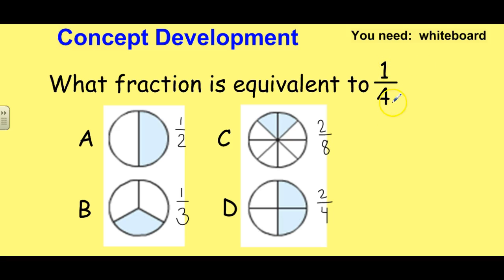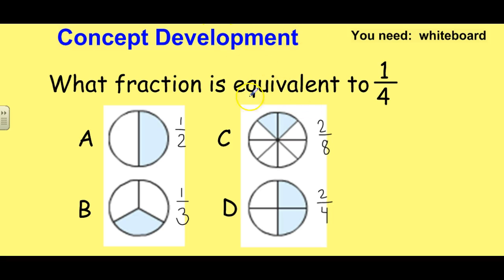You could cross multiply 1/4 with 2/8, or you could cross multiply 1/4 and 2/4 to see what it is actually equivalent to. So on your piece of paper, I either want you to draw a model to represent 1/4 and see if any of these have the same space that is shaded, or I want you to cross multiply 1/4 with these fractions on your paper to see which one is actually equivalent to 1/4. Whenever you're ready to check your answer, I want you to push play.